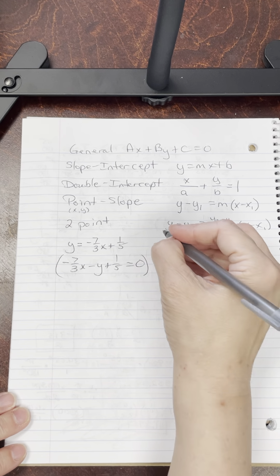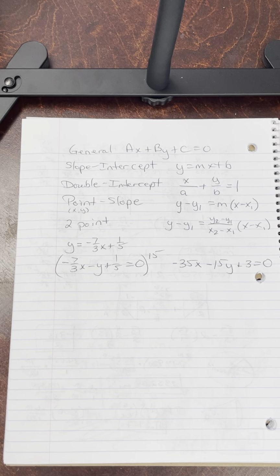3 goes into 15 5 times. 5 times the 7 is negative 35x. There's nothing here, so it needs the 15, so minus 15y. 5 goes into 15 3 times. 3 times 1 is 3, and 0 times 15 is still the 0. Now, I have mine with complete opposite signs from what the book has.